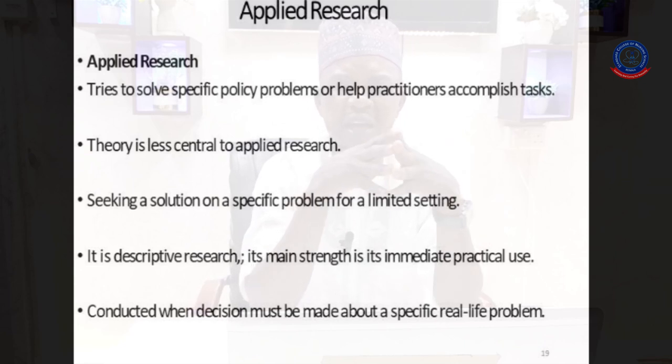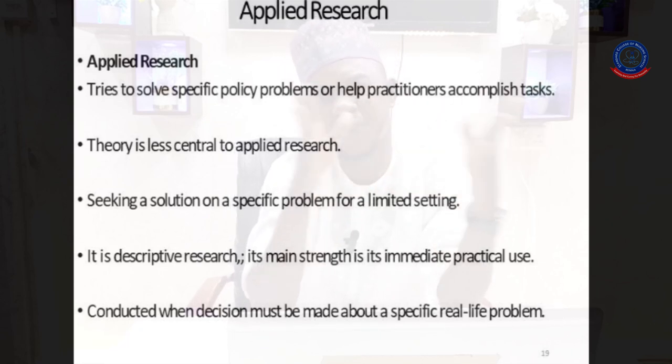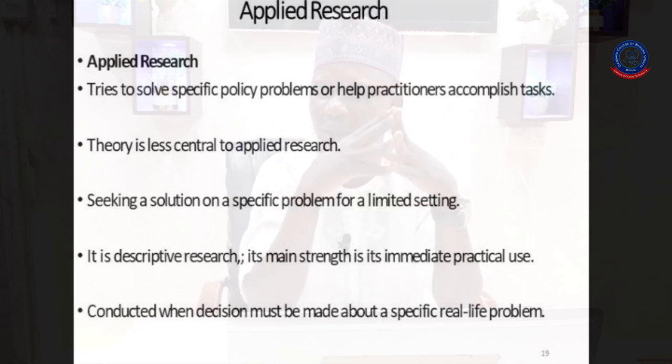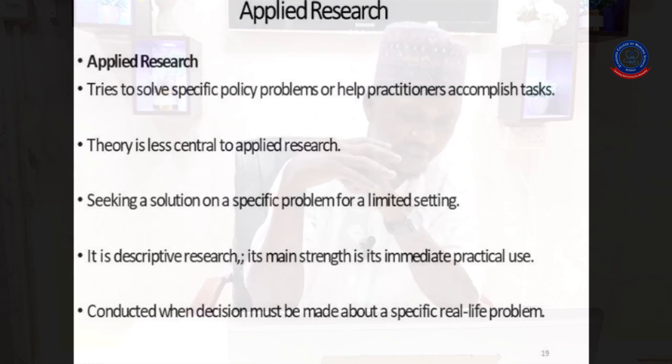They are like short-term goals. Take COVID-19: all those measures, like using face masks, are short-term policies to prevent its spread, helping practitioners accomplish a particular task.